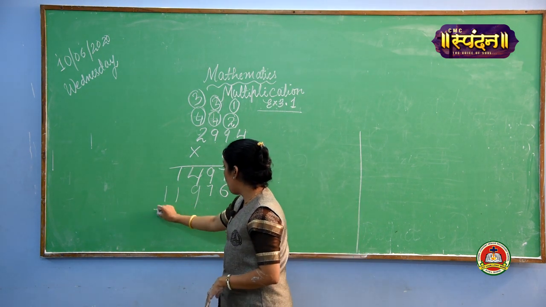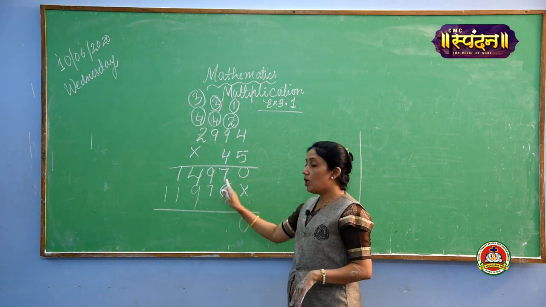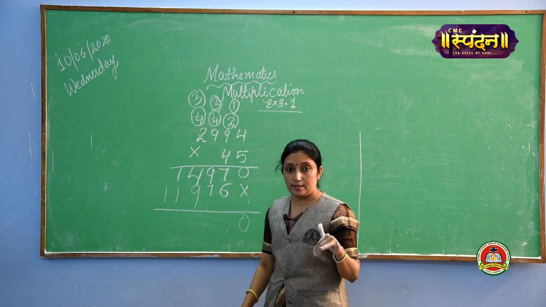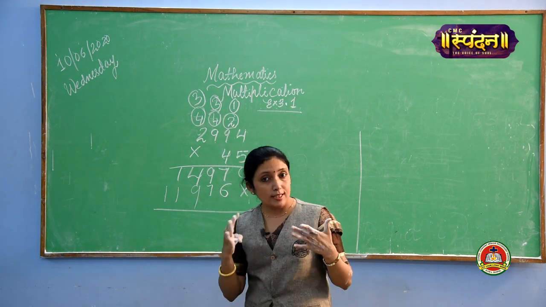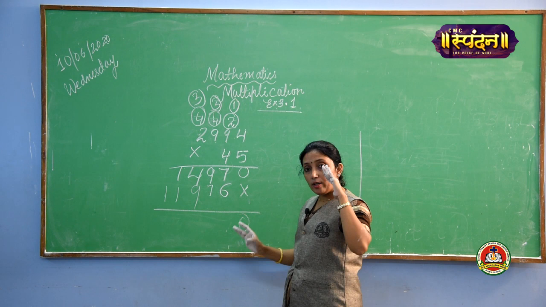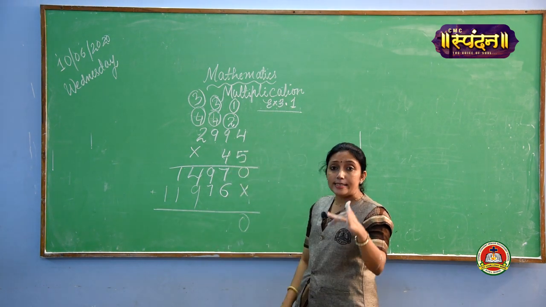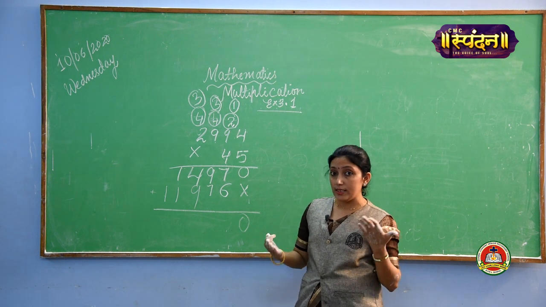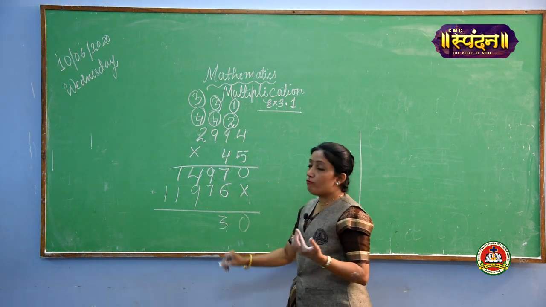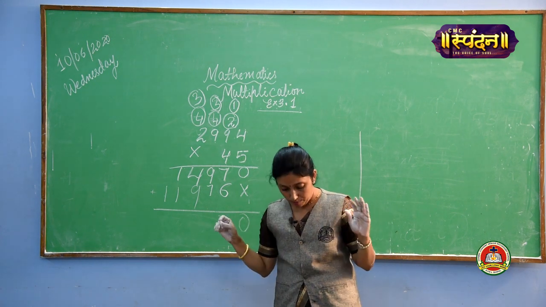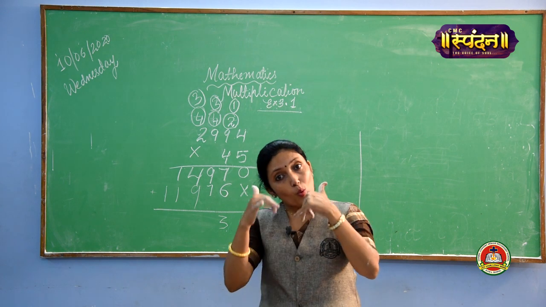So now how am I going to add it out? 0. What is 7 plus 6? Now I have already learned my addition. So this is over. Now I need to add 7 plus 6. So what is 7 plus 6? It is 13. Whenever you have large numbers, children, you need to remember to do the rechecking part twice or thrice.